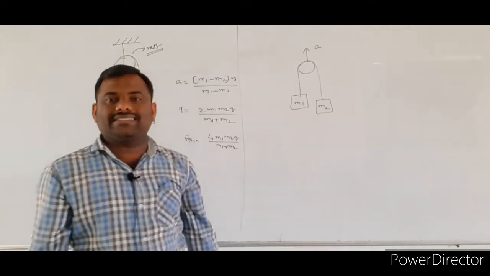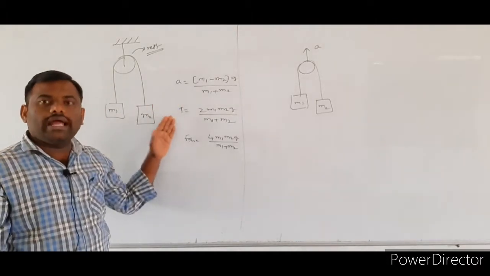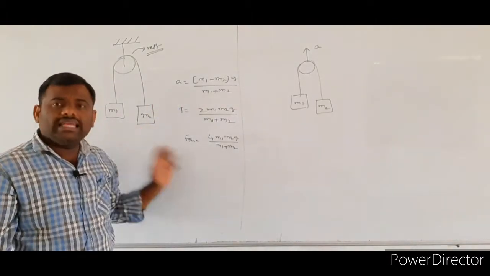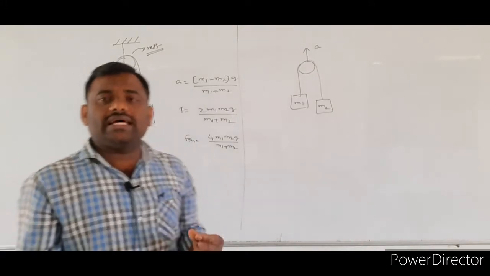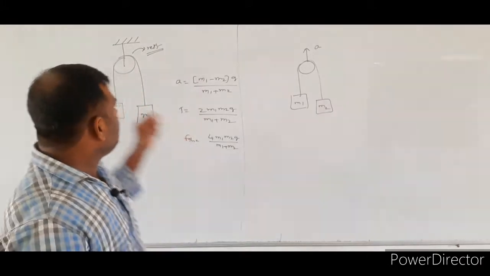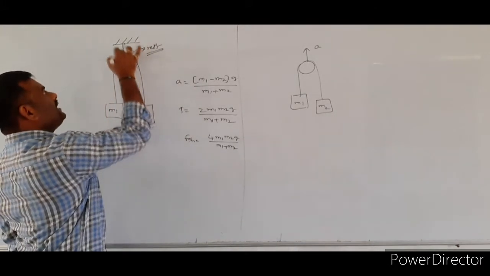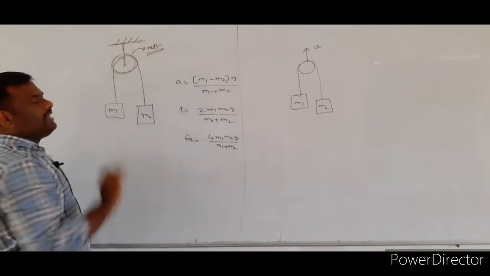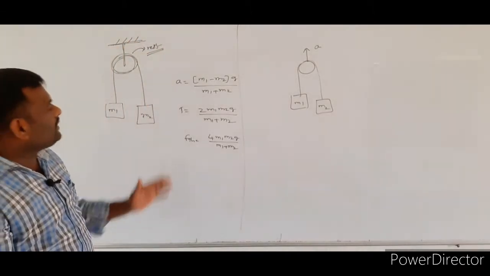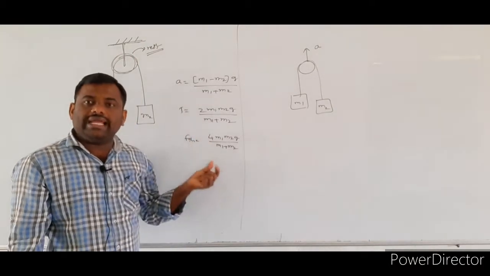At that time they are asking what is the acceleration value, what is the tension value, and what is the F thrust, that is the upward thrust acting on the pulley block system. In the previous case, the pulley was connected to the rigid support, and we derived the expressions for the acceleration, tension and F thrust.